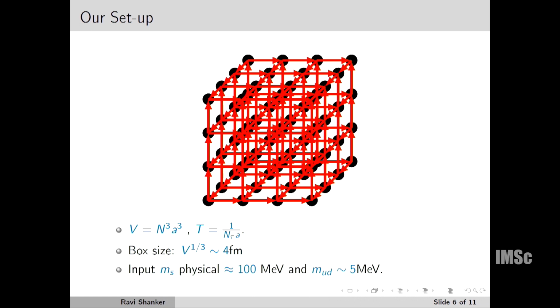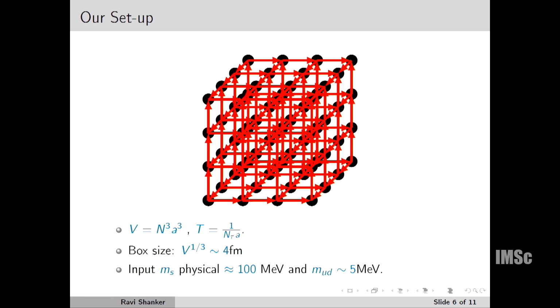The volume of the box is defined as N^3 times a^3, where N is the number of lattice points along the spatial direction. In lattice units, you can write temperature as 1 by N_tau times a, where N_tau is the number of lattice points along the temporal direction. The box size in one direction is fixed around 4 femtometers. This is the requirement to achieve the thermodynamic limit.